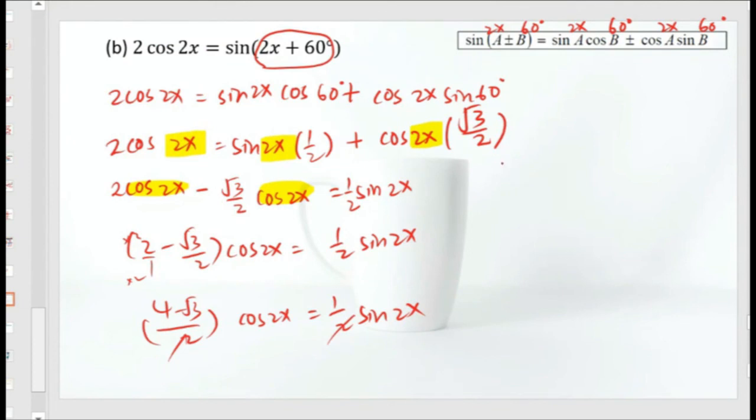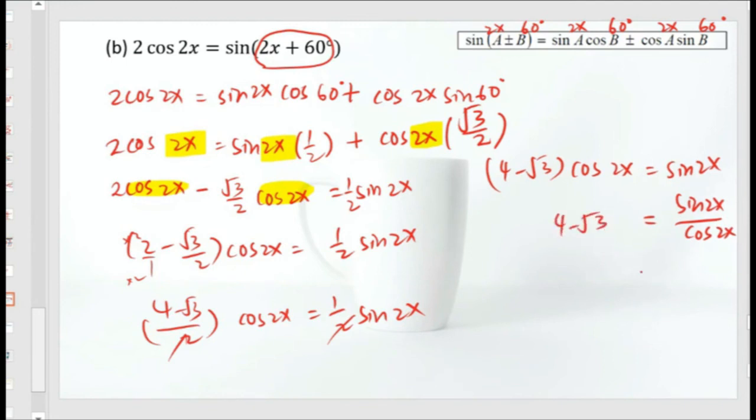So now you get 4 minus square root 3 cos 2x equal to sine 2x. So again, sine 2x over cos 2x, sine and cos can change to tangent. So tangent 2x equal to 4 minus square root 3.